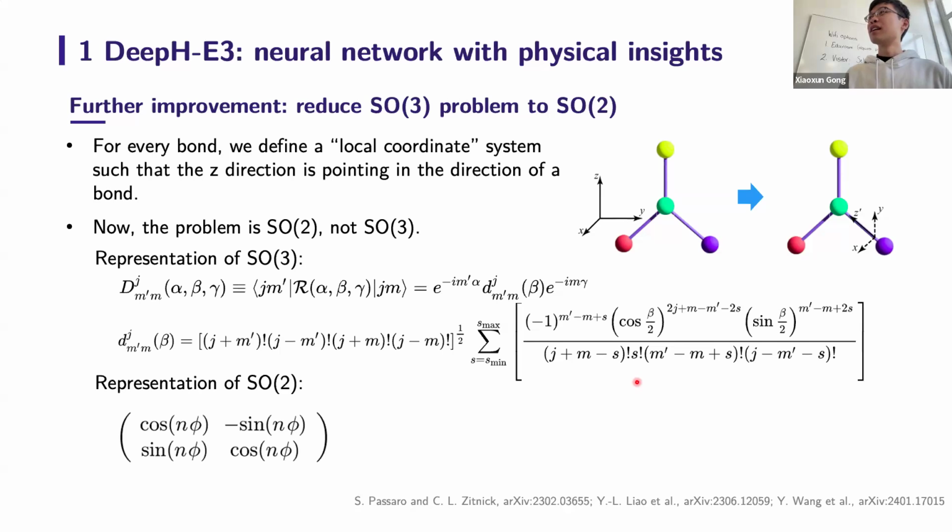So the local coordinate is for each bond. We define a separate local coordinate system for each bond, for all of the bonds. It's just for the message passing. Each message passing happens from a bond. It's a unique transformation for each message.